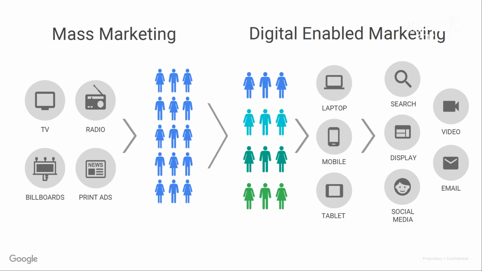And then I thought I'll just quickly delve on what changes we observe in marketing now. Gone are the days of mass marketing where you had lots of reach, lots of users, but not a lot of differentiation, which is where you were buying TV and print and radio and billboards.